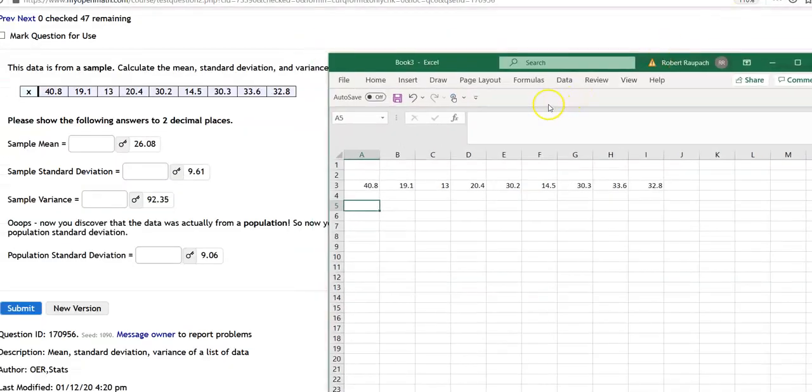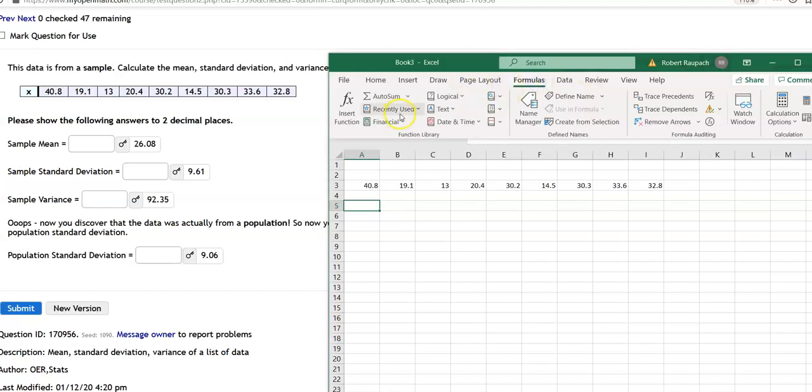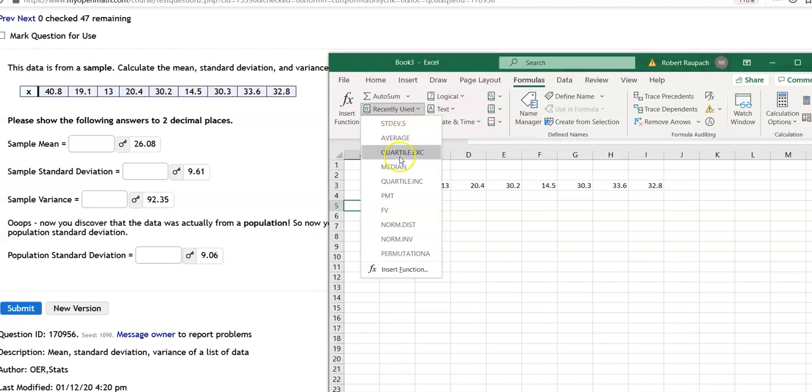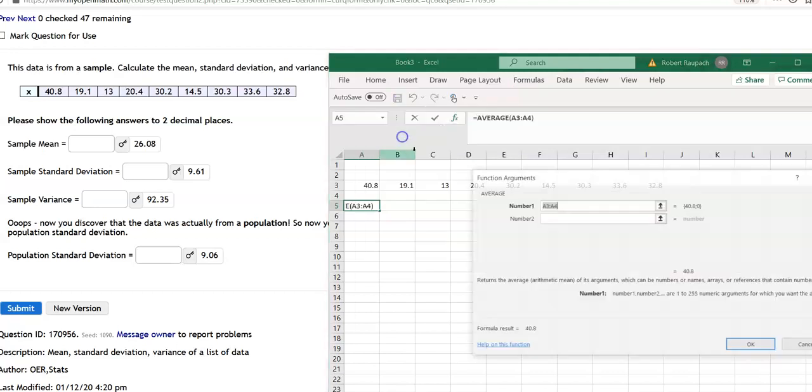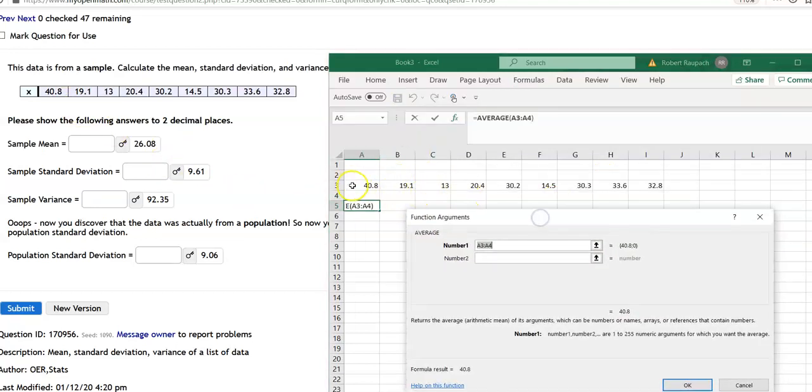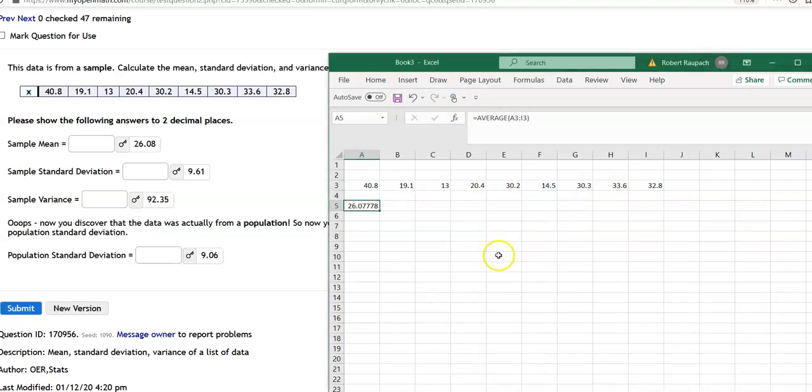However, if you have it condensed, there's a nice tool you could use, formulas, recently used, right over here, okay? If you've just used it in the past, you don't have to expand it and find it. You could just go to recently used, which obviously we have: quartile, median, quartile, so average, all right? And then again, you just click and drag it over here if it's in the way, okay? So there's my sample mean.